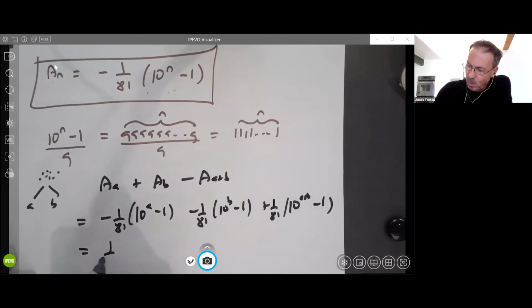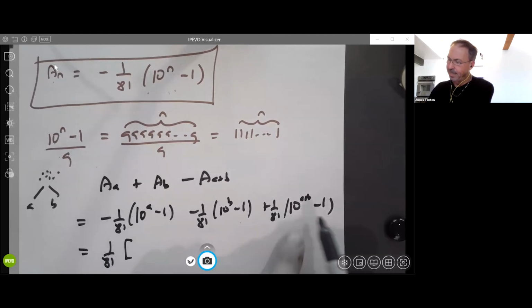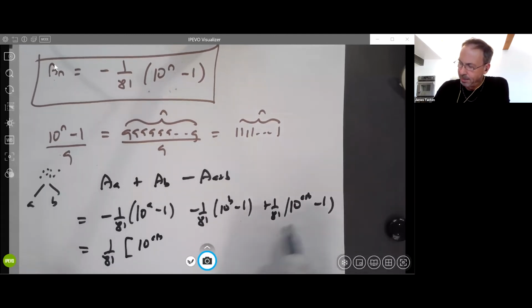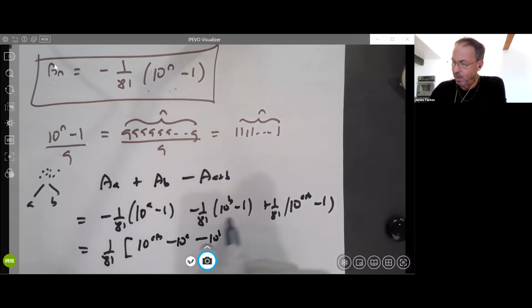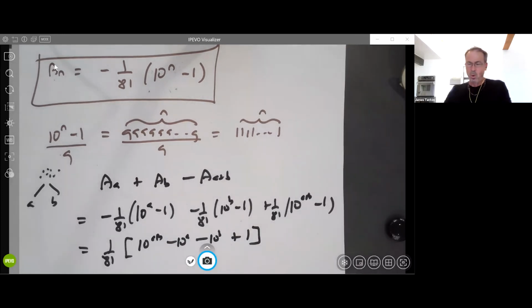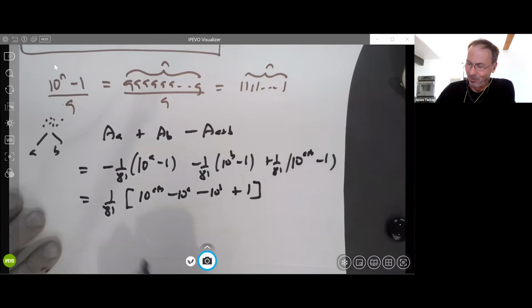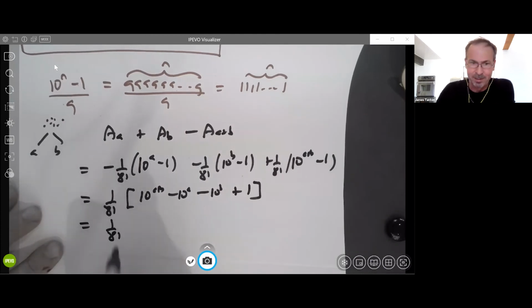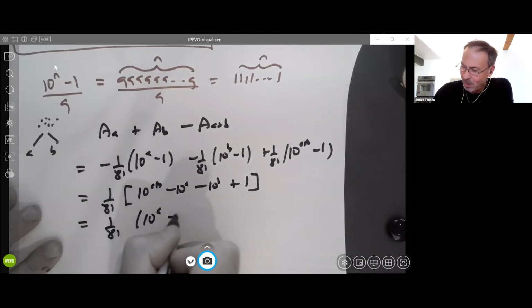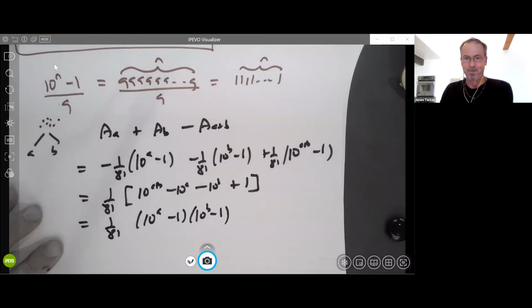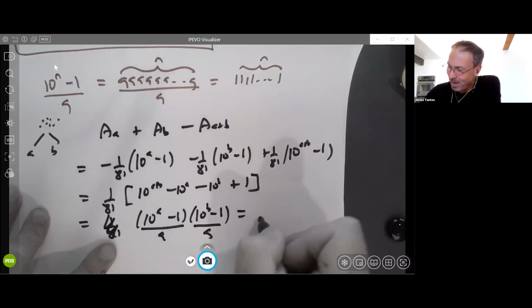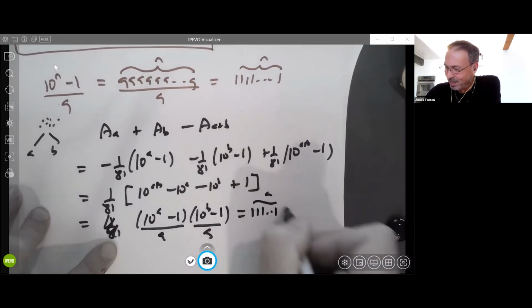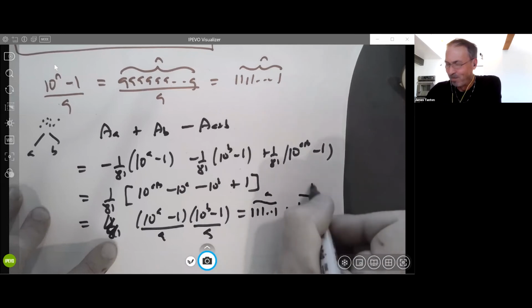So if I take 1/81th out of here, what survives? I get a 10 to the A plus B, minus a 1, minus a 10 to the A, plus a 1, minus a 10 to the B, plus another 1. So I've got a -1, a +1, and a +1. I've got a +1 here. Oh, algebra now makes me realize this is really 1/81th, 10 to the A take away 1 times 10 to the B take away 1. Put a 9 here and a 9 here, it's really A ones times B ones.